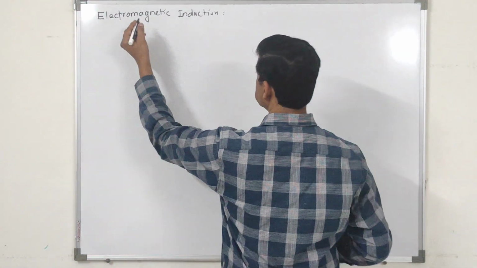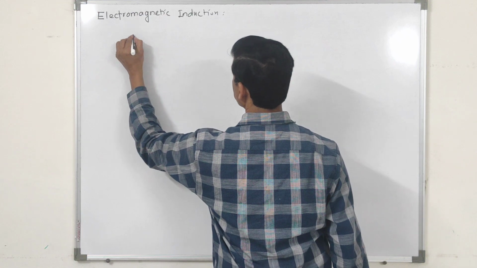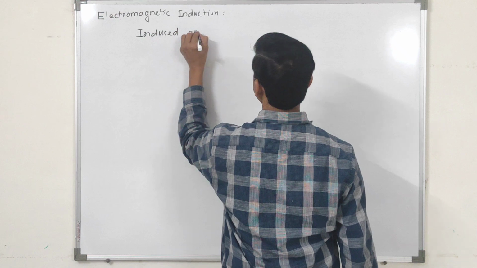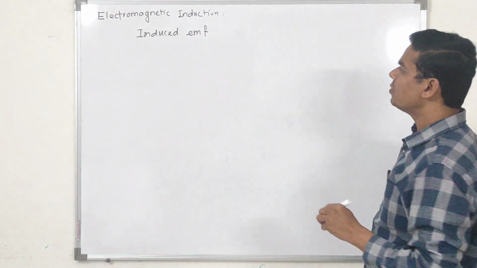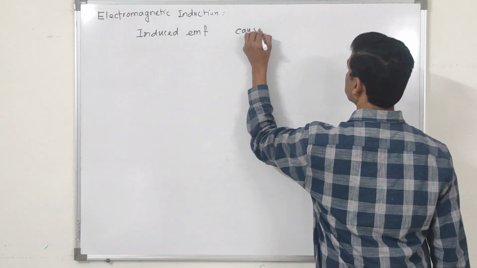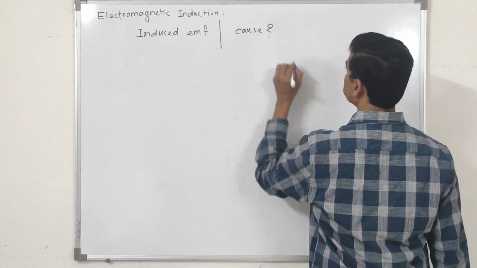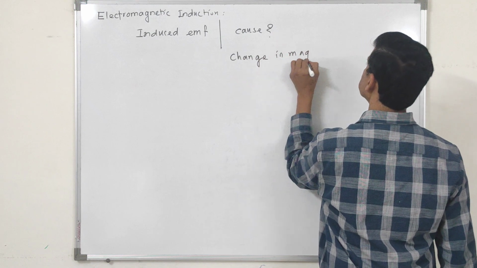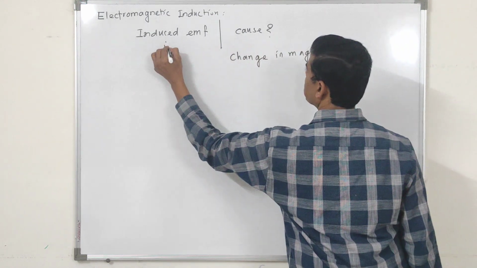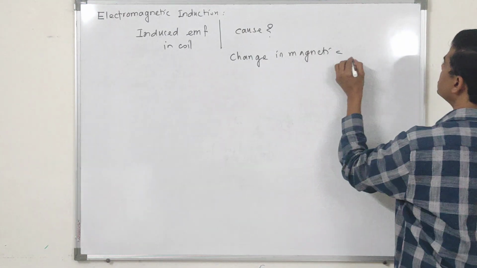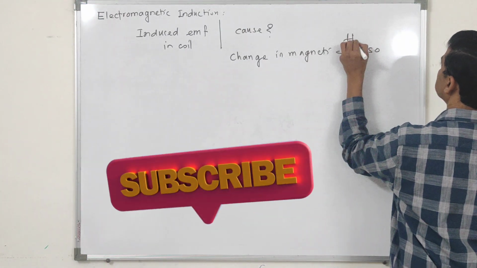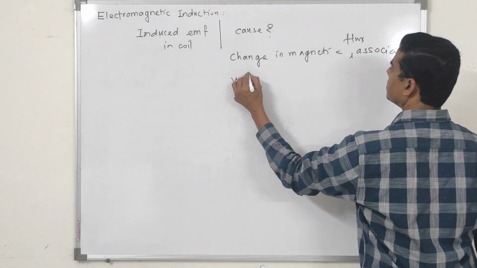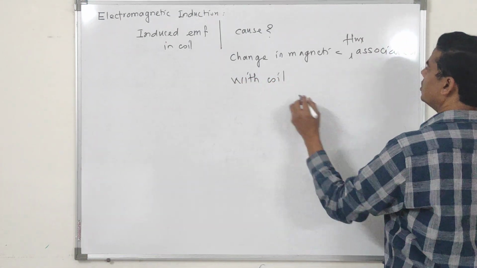Sequentially, first of all, in electromagnetic induction, we are going to introduce the concept of induced EMF. What is the cause of this induced EMF? The cause of induced EMF in a coil is the change in magnetic flux associated with the coil.